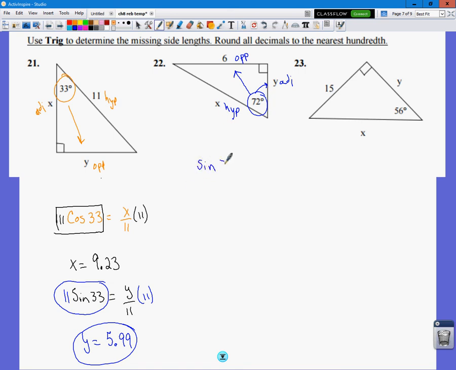The sine of 72 is equal to 6 over x. We don't solve for x when x is in the denominator, so we multiply both sides by x. I have x sine of 72 is equal to 6. And to get x by itself, we're going to divide both sides by the sine of 72.